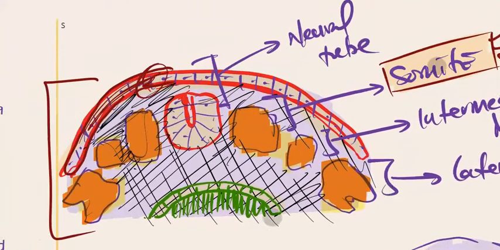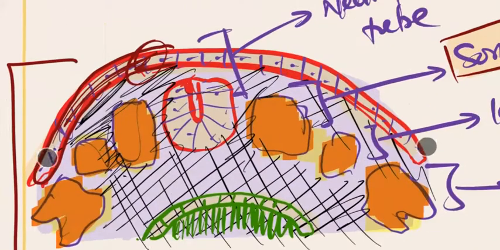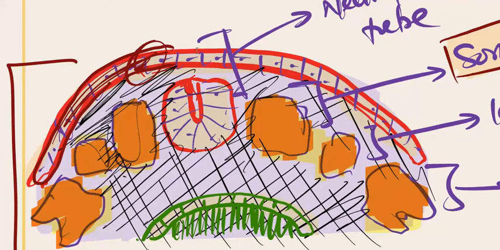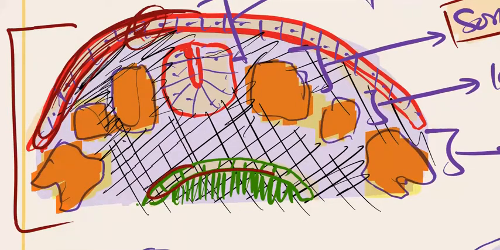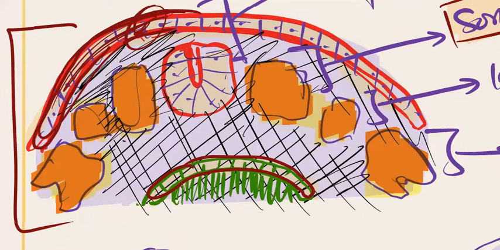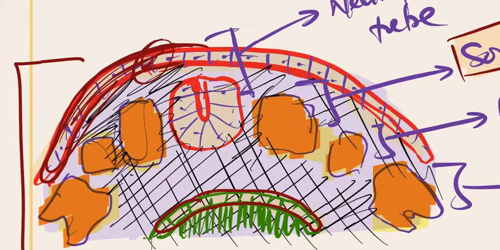Okay, so here it is, right? On the top we have the ectoderm, which is here. Then here on the bottom we have the endoderm. You remember the endoderm is going to become your gut tube, your future gut tube, right? Now in between the ectoderm and the endoderm we have the mesoderm, and there are 3 major subdivisions of the mesoderm: the paraxial, the intermediate, and the lateral plate mesoderm.